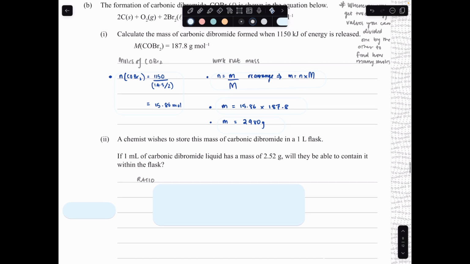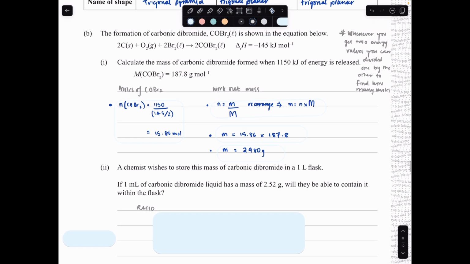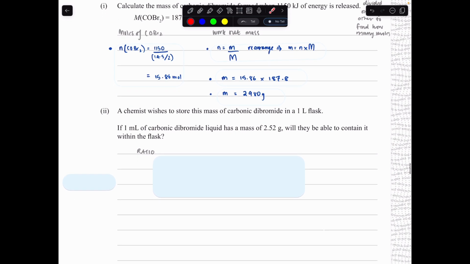Now that we've figured out that the mass associated with this energy release is in fact 2,980 grams, the next question is asking us: a chemist wishes to store this mass of carbonic dibromide in a 1 litre flask. If 1 ml of carbonic dibromide has a mass of 2.52 grams, will they be able to contain it within the flask?